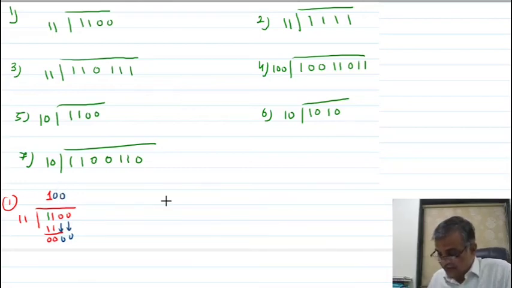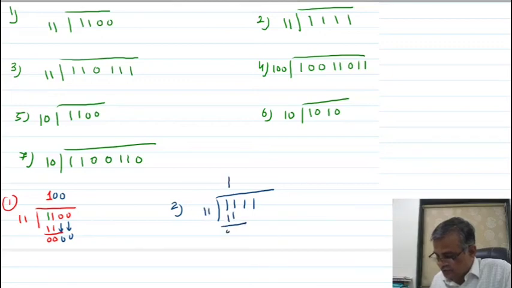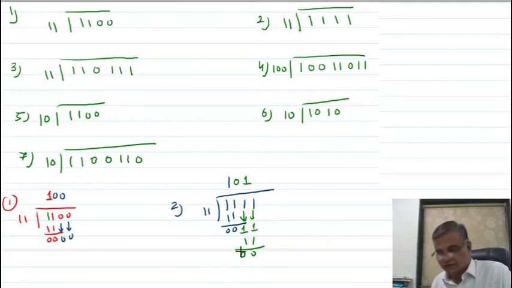Now, second I am going to do 1 1 1 1 divided by 11. This is your 0 0. I take it down. This is not possible, so I am putting the 0 here, and this is taken down. So this is 1, this is your 11, 0, 0. So this is your quotient and this is your remainder.